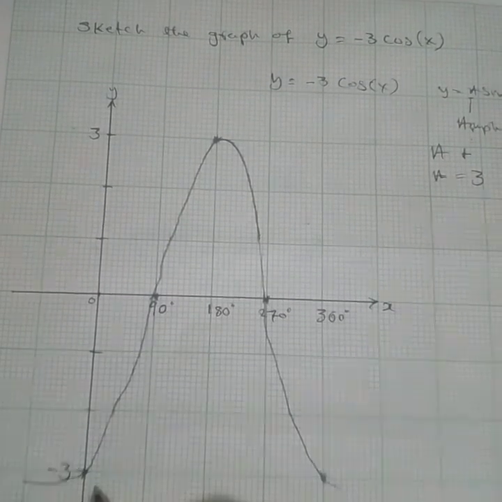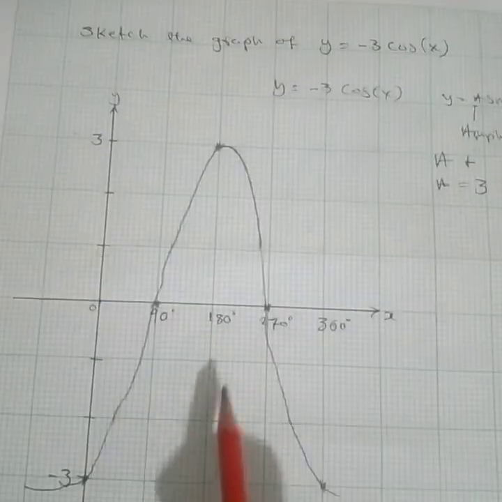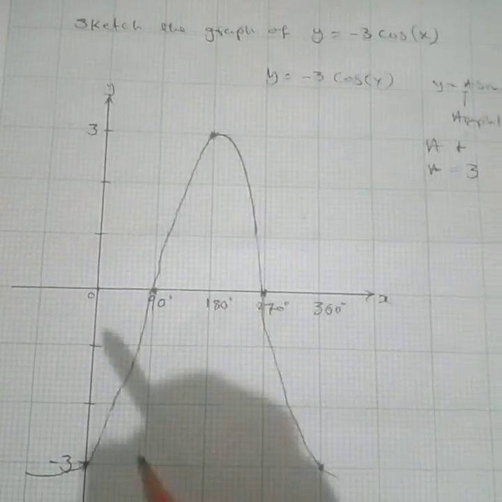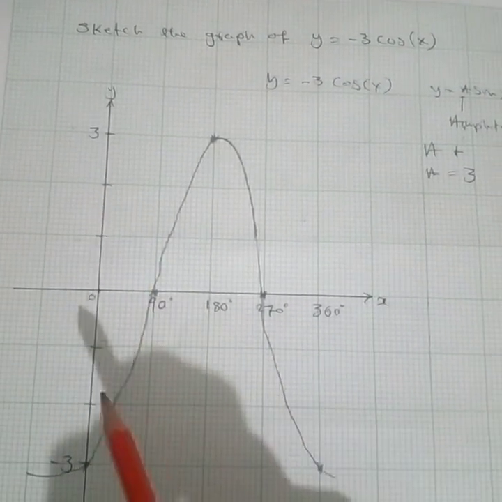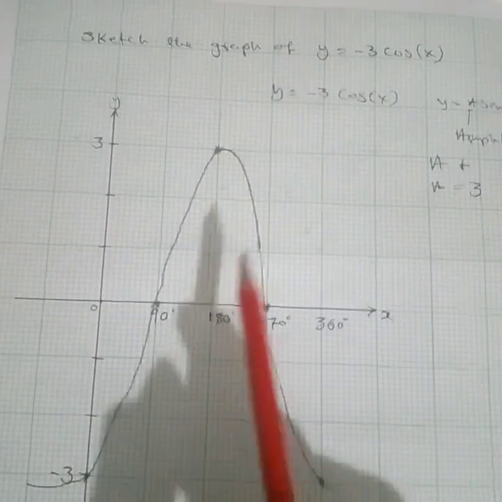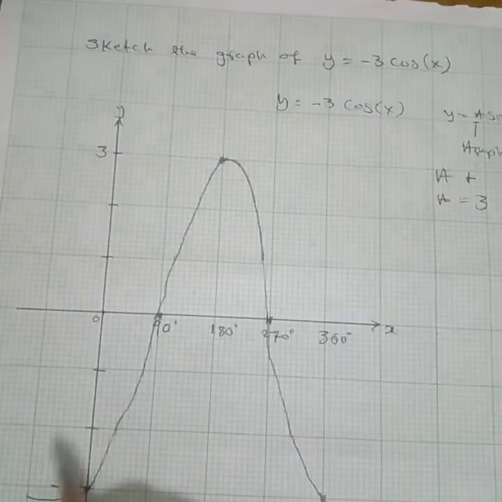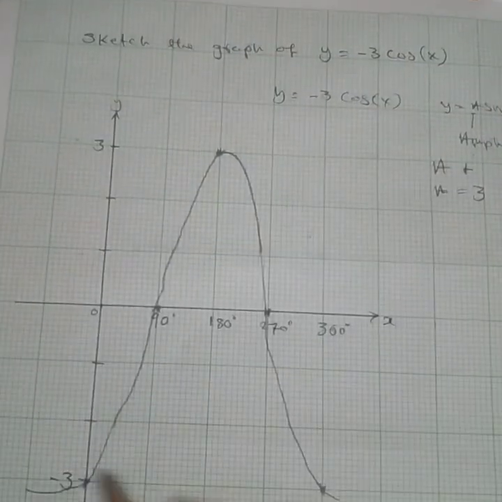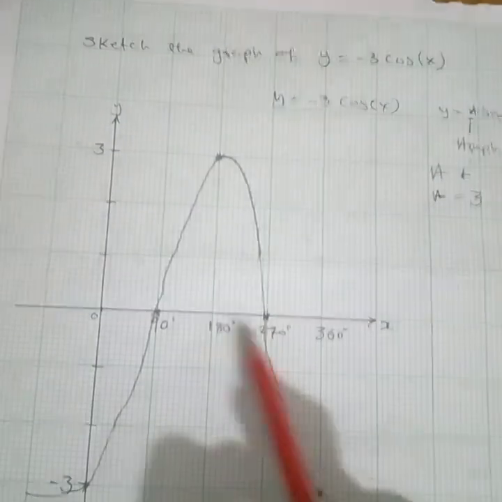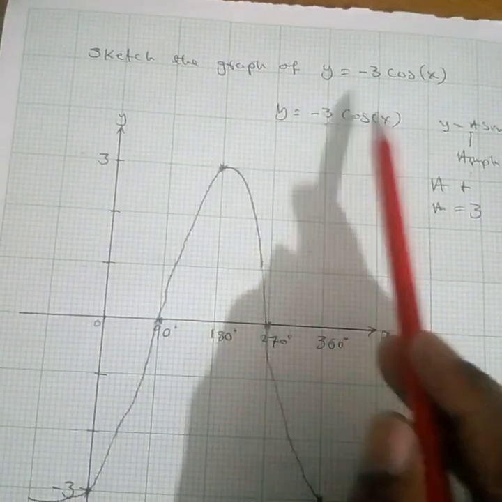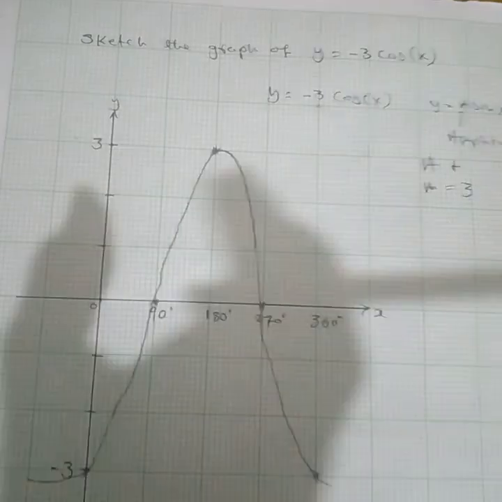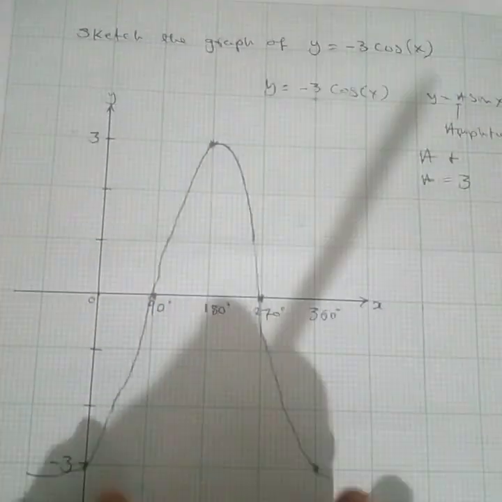So in this scenario, we are simply seeing the difference from the previous video where we looked at the cos graph when the amplitude was 1. It was not as deep as this one. You can see this one has a very narrow curve because when the amplitude is larger, the graph tends to be taller.